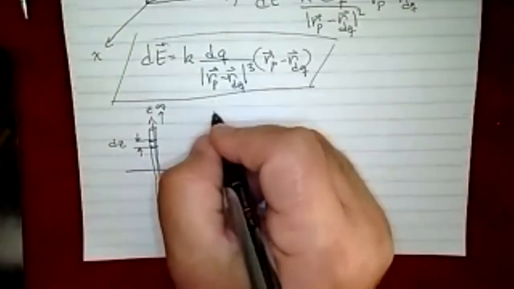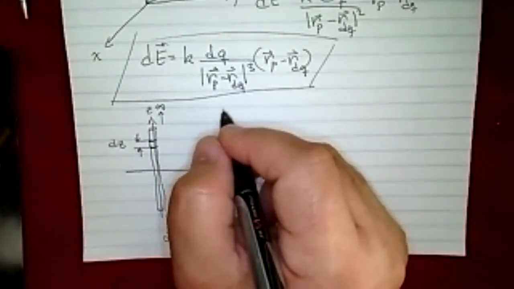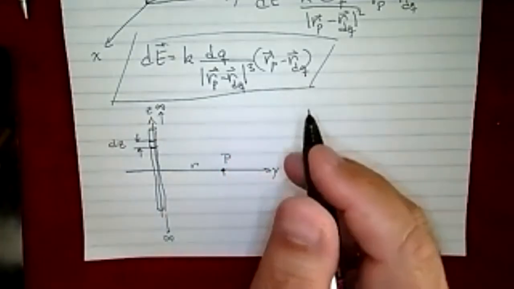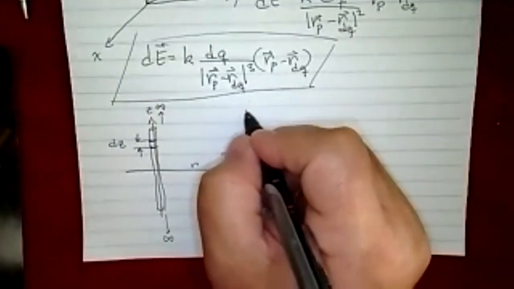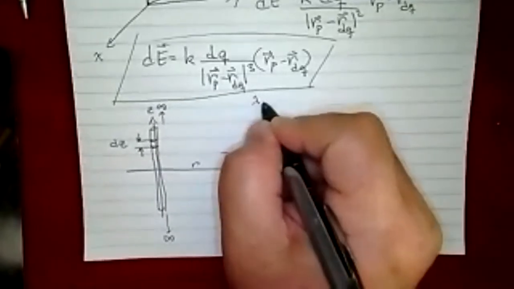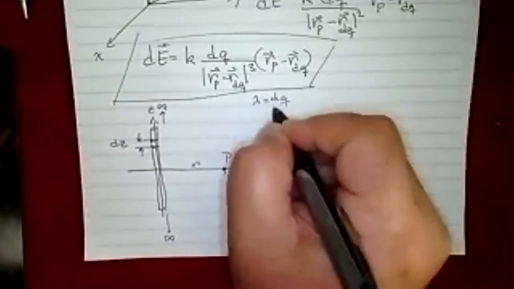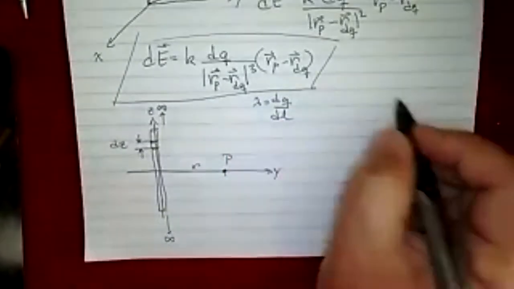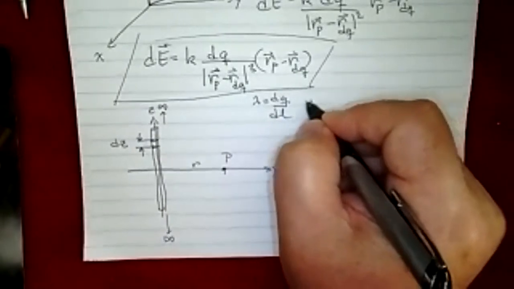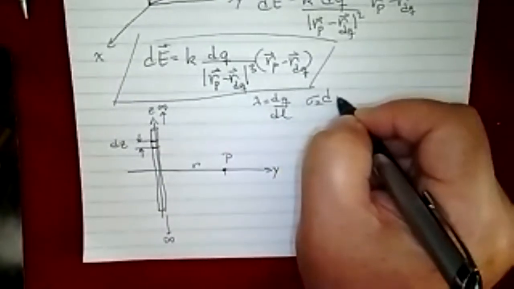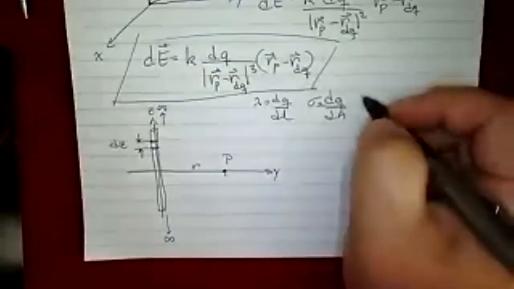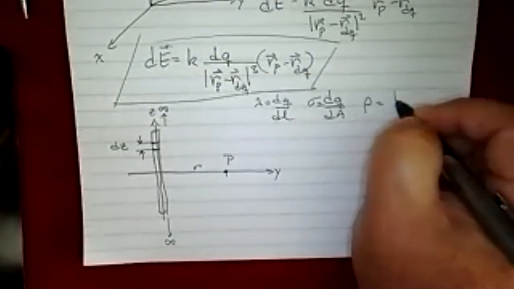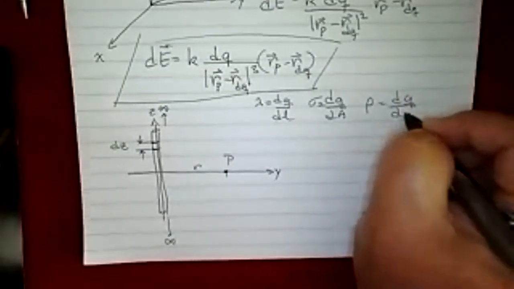Okay. And then the rule is there are several charge densities that we use in electrostatics and electrodynamics, and those are lambda, which is dq over dl, sigma, which is dq over dA, and rho, which is dq over dV.